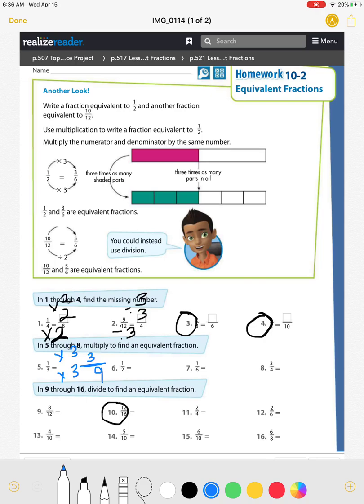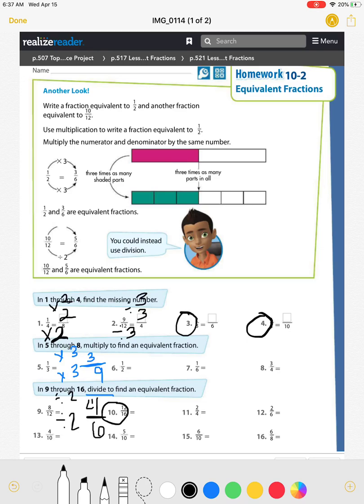Here at the bottom on number 9, this is asking you to divide. So you need to find a number that they are both divisible by. If it's an even number, like 8/12, those are both even numbers, what could it be divided by? We can divide it by 2, so let's divide by 2. 8 divided by 2, so we're cutting that number in half, that's 4. 12 divided by 2 is 6.